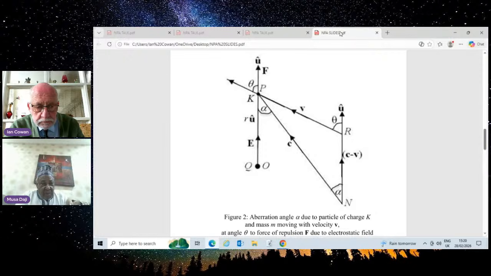So if an electric field is transmitted as the velocity of light, that field can only accelerate a charged particle to that speed and no faster. And this is exactly explained more precisely by aberration of electric field.